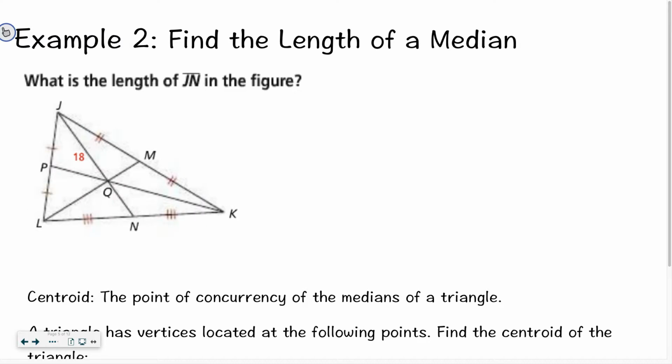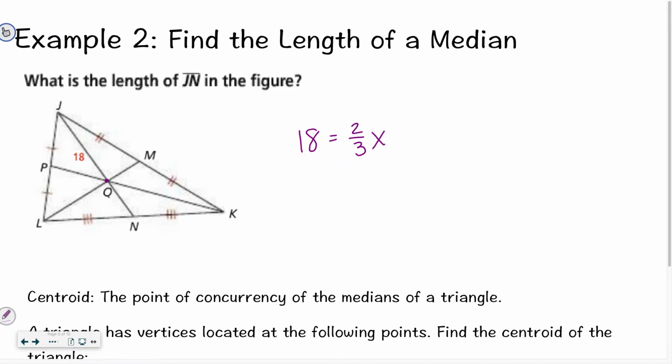So let's look at this triangle up top and say, what is the length of segment JN in the figure? If I look at this picture, J to Q is 18. So from the vertex to the centroid is 18, and that's 2/3. So 18 equals 2/3 the entire length. I want to know what the entire length is.